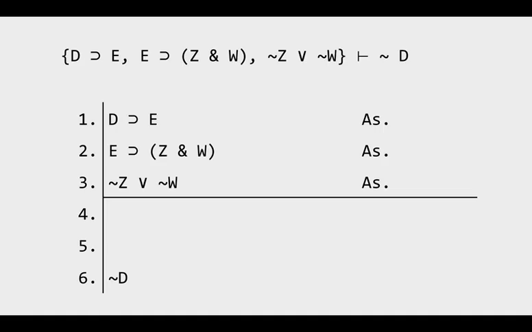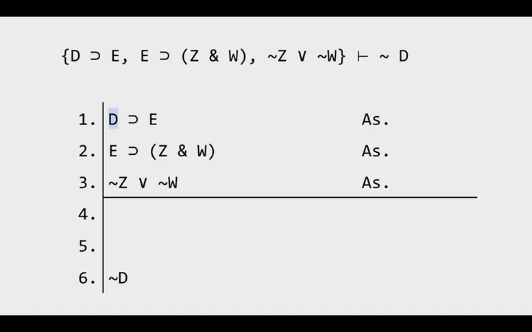So with that setup there, let me just show you the way I see this. Now that every single rule is in play, here's how I see this. I definitely know I want tilde d, that is line 6. And I do see that there is a d there. It is the antecedent of a conditional.